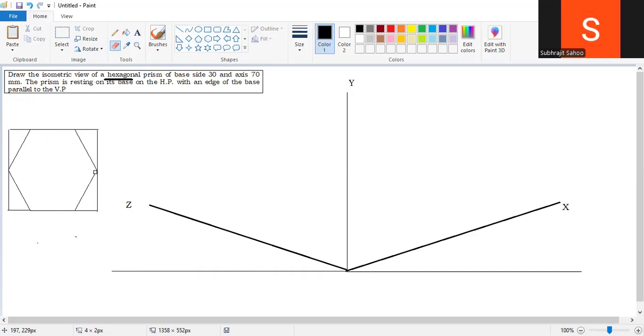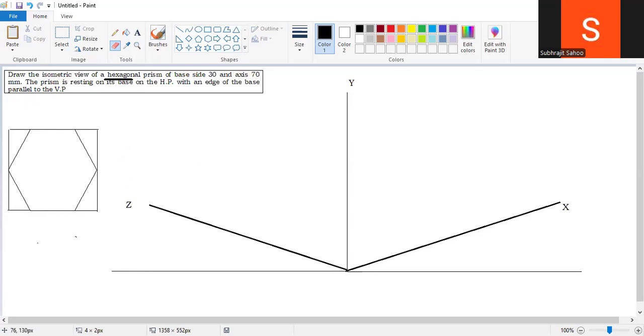So here at the corner, this point should be touched. Fully this hexagon is enclosed inside this rectangle, or it may be a square. Okay, dimension is not given here, that's why I cannot say whether it is a square. This length is more and this is less, so it will be a rectangle only, right?